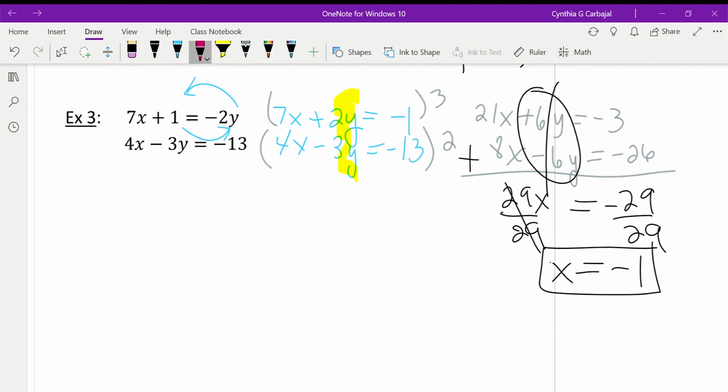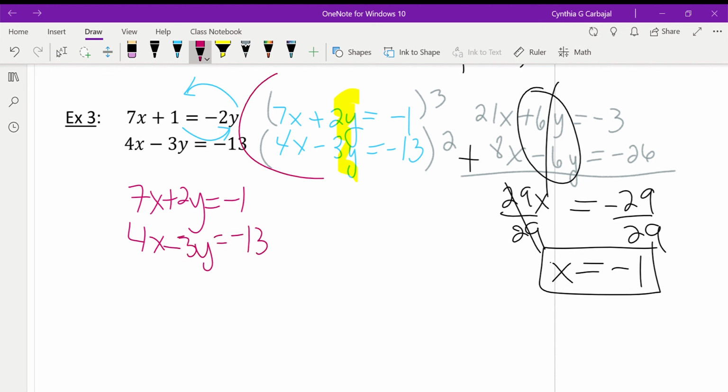Let's go ahead. Focus here again. 7x plus 2y equals negative 1, and then 4x minus 3y equals negative 13.